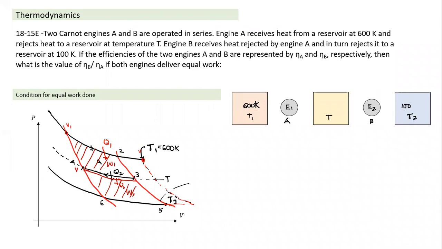See what has to happen, as we talked yesterday: if the second one also receives exactly the same amount of heat as rejected, the ratio V2 by V1 has to be equal to V3 by V4 and equal to V5 by V6. That is something that may come in another form in a question also. Then only will heat rejected and heat received be equal.